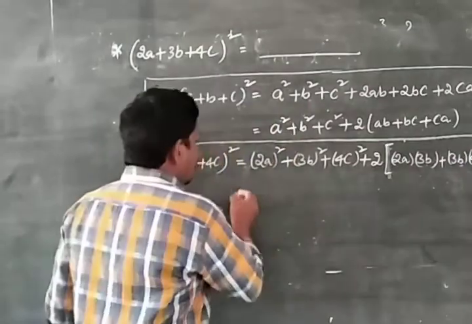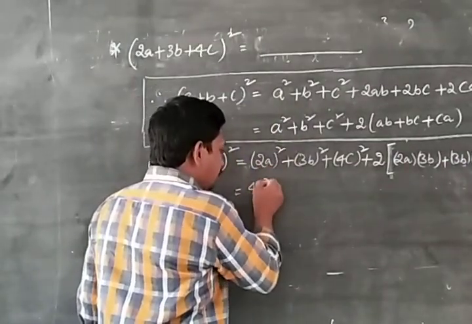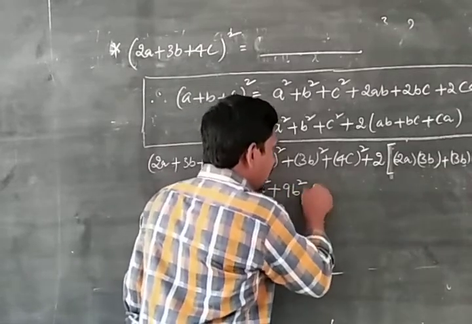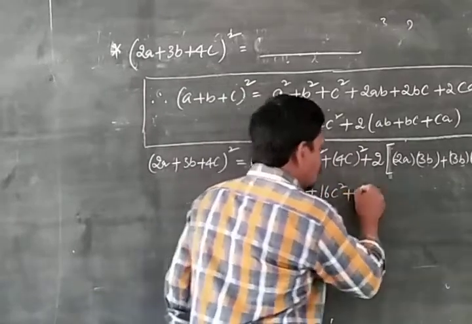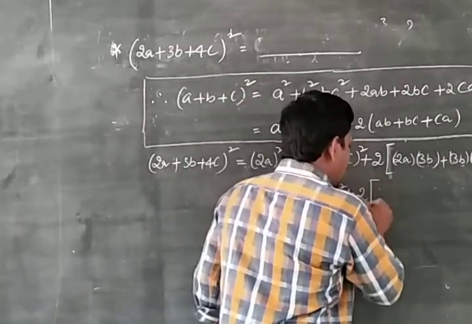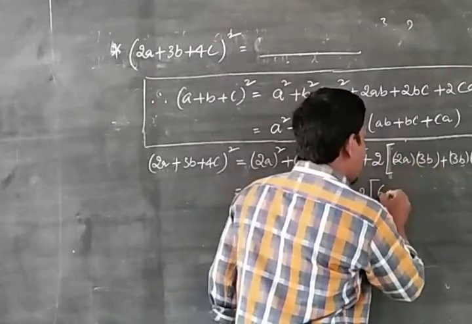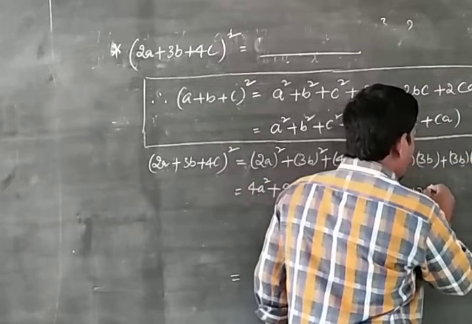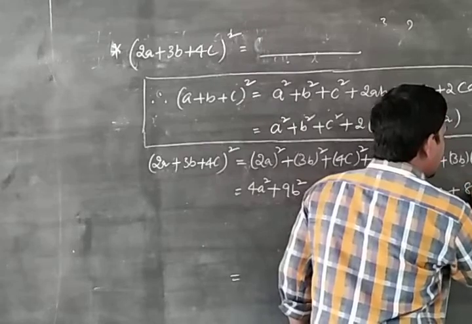Okay, 2a whole square means 4a square, plus 9b square, 4c whole square means 16c square, plus 2 into square bracket: 2 3s are 6, a into b, 6ab, plus 3 4s are 12, 12bc, plus 4 2s are 8ac.